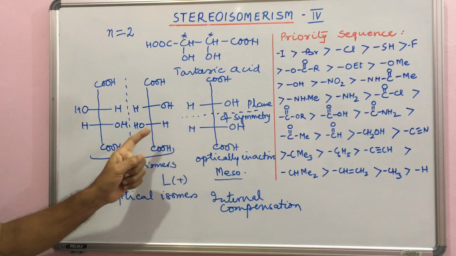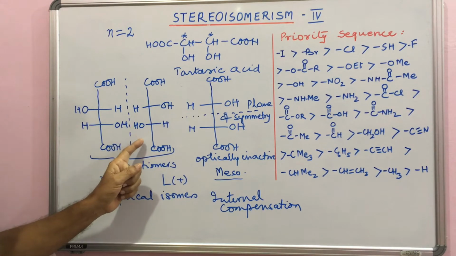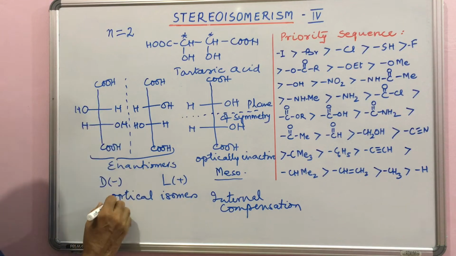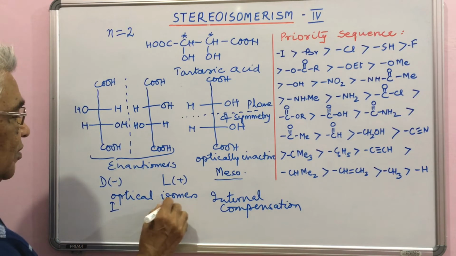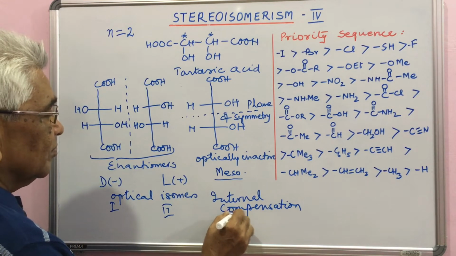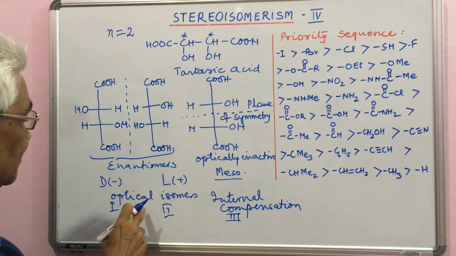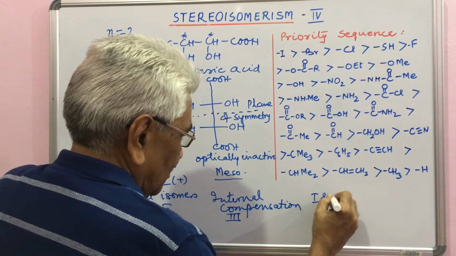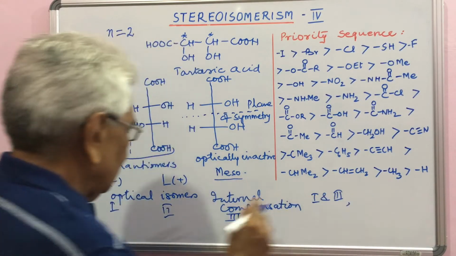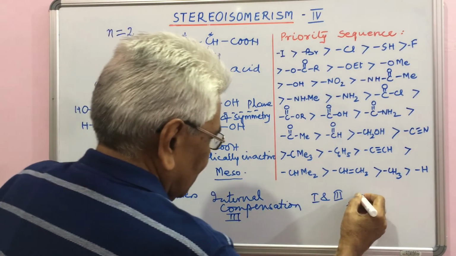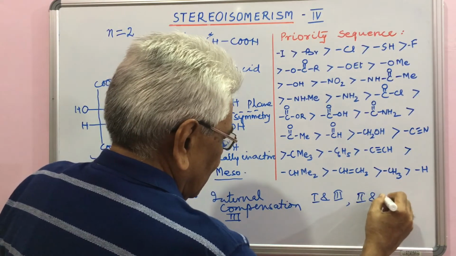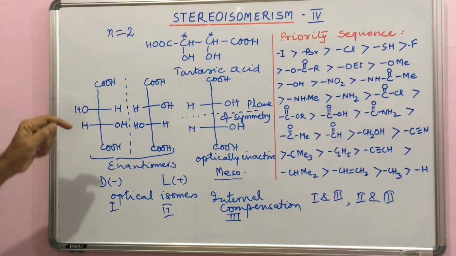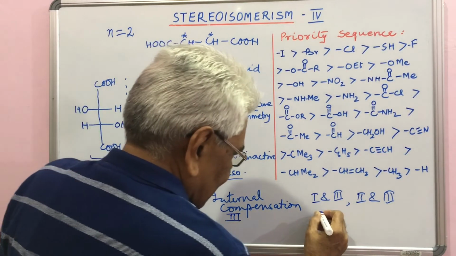This molecule is related to this molecule by diastereomerism. So first, second, third: first and third, second and third are diastereomers.